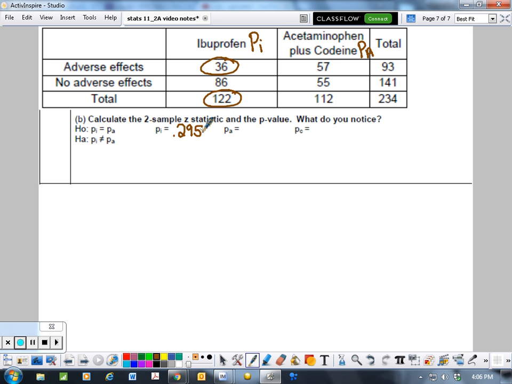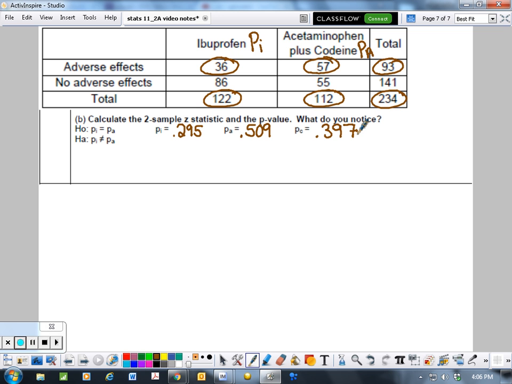The proportion with adverse effects with acetaminophen is 57 out of 112, which is 0.509. And then again, this is a z-test, so we pool together our data, and that is 93 out of 234, which means that together, if there was truly no difference, those proportions should be about 0.397.